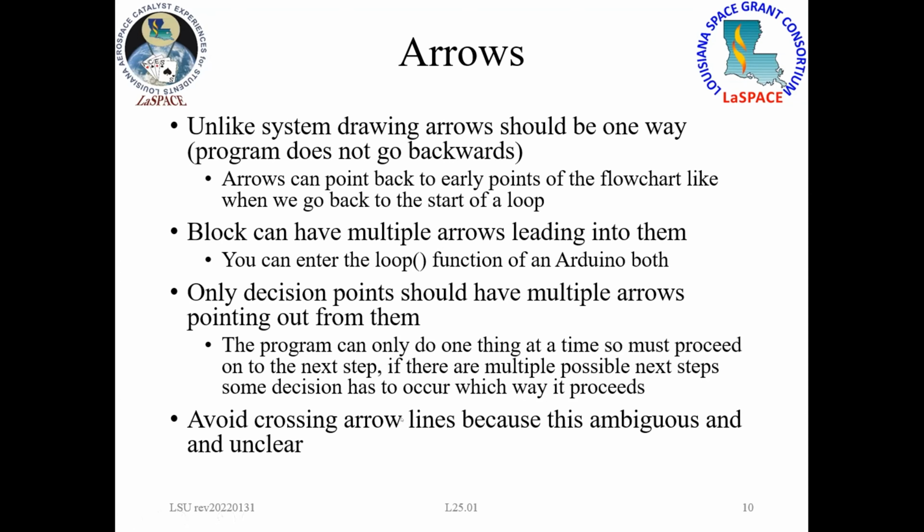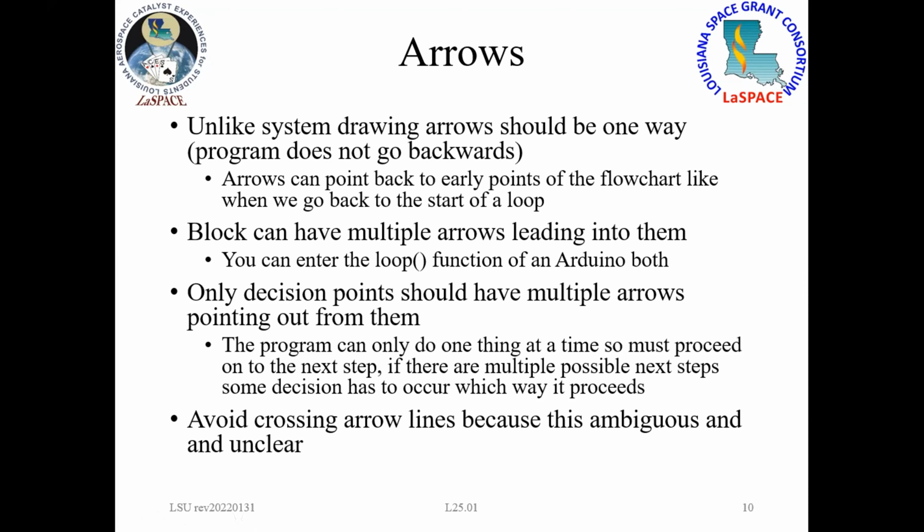But the loop function also goes back to its own start when it finishes, right? So the loop would have two arrows coming into it, one from the setup and one from the end of the loop leading back to the beginning of the loop.